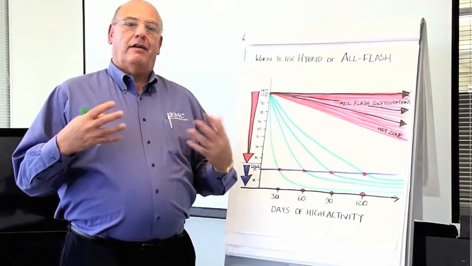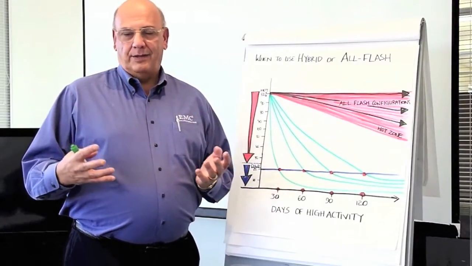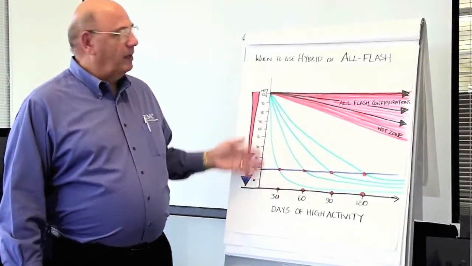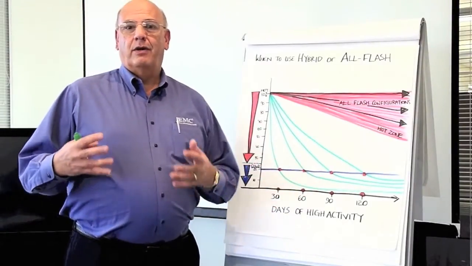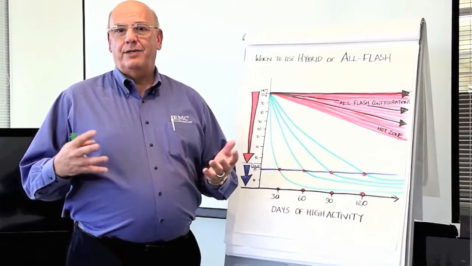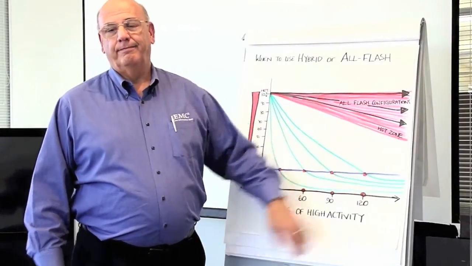And so you want that all-flash performance. You want that consistent performance, that low latency capability that comes with an all-flash array. So you have to really make up your own minds in terms of the applications that you're running, the type of data that you're generating, and the type of access that you have to that data.